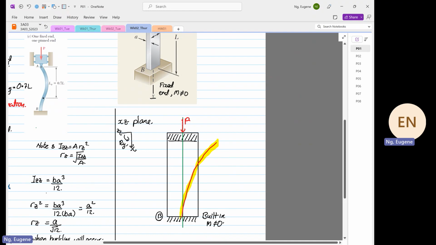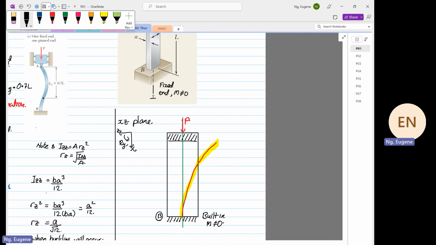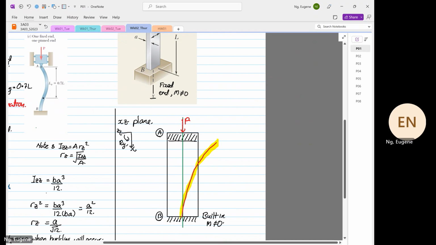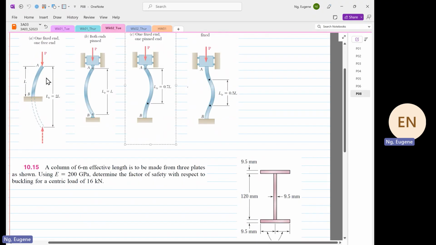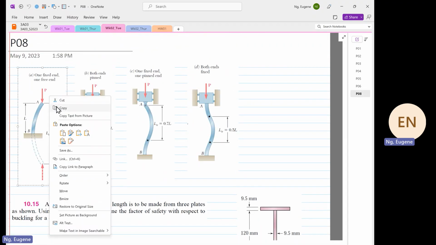So when you look at the location at point A now, we know that the moment is equal to 0, and we know that X and Y are also equal to 0. So the other end is like free. So if we go back to here, one end fixed, one end free.